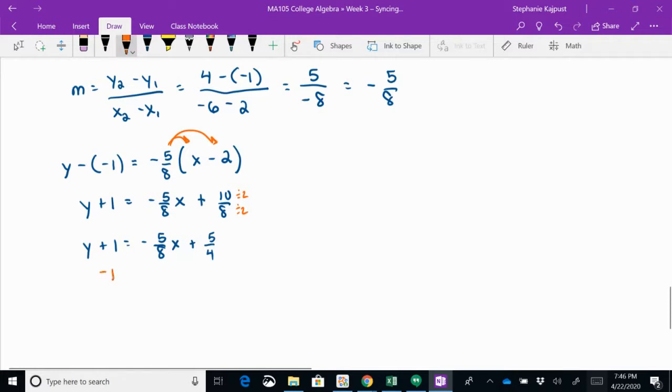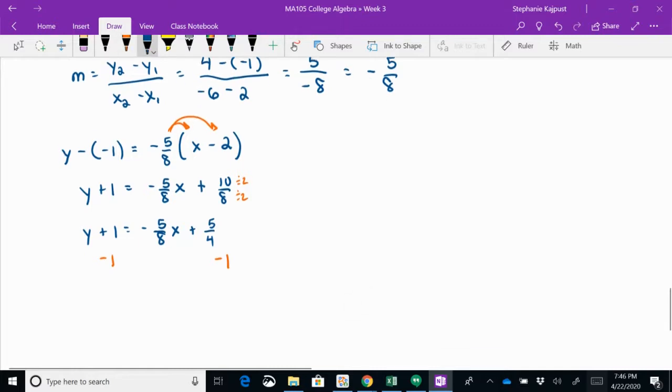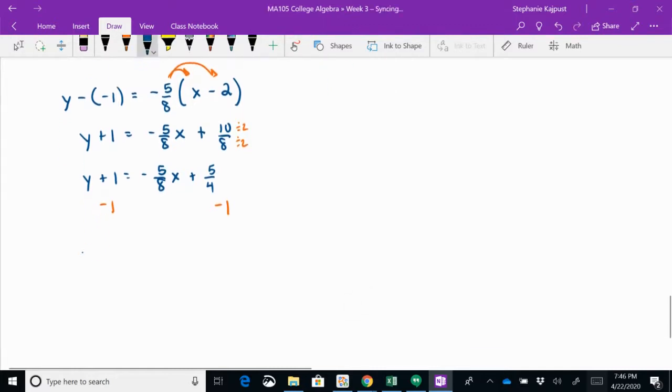Now I'm going to want to subtract 1 from both sides. And this is where we get in a little issue because we have a fraction. Now you're going to have to work with some fractions. So y equals negative 5 over 8x. And then I'm going to just write what I have. We have 5/4 and we want to subtract 1.